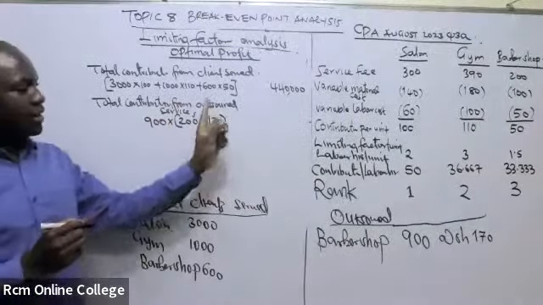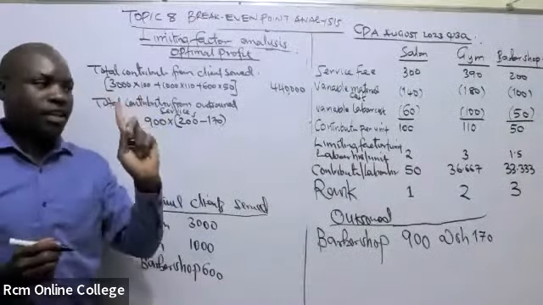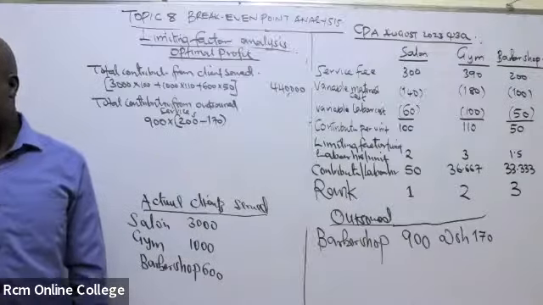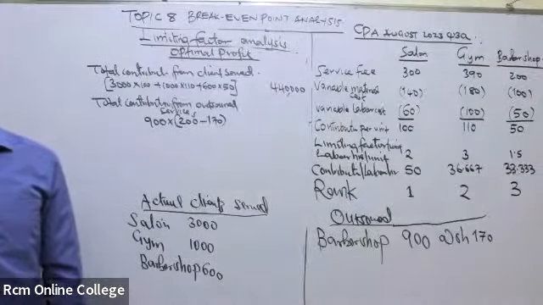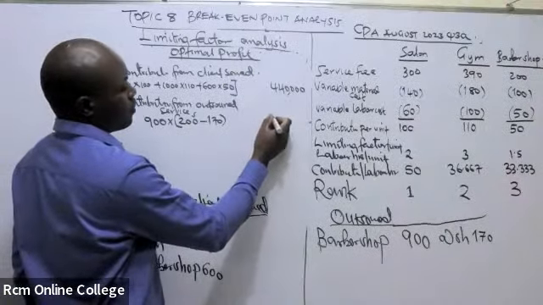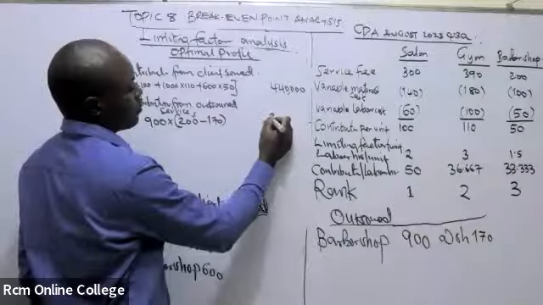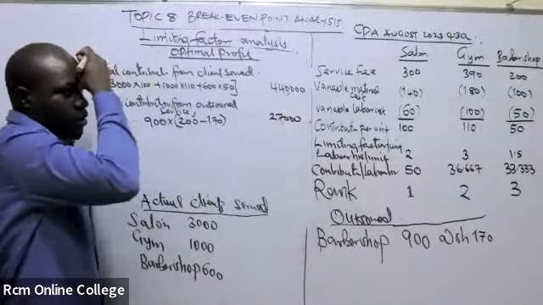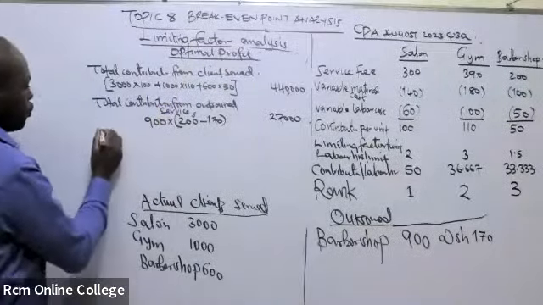So 200 minus 170 will give us 30. Can you take 900 by 30? Good, so we add. So total contribution.